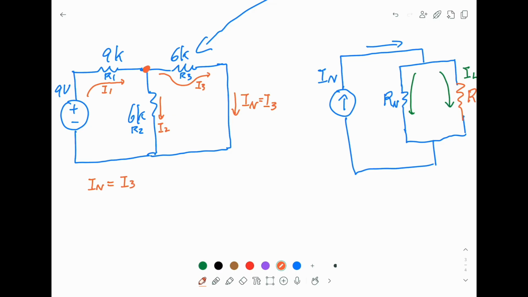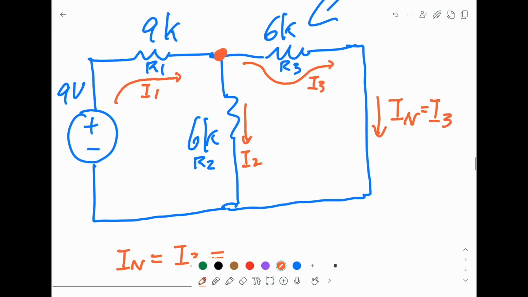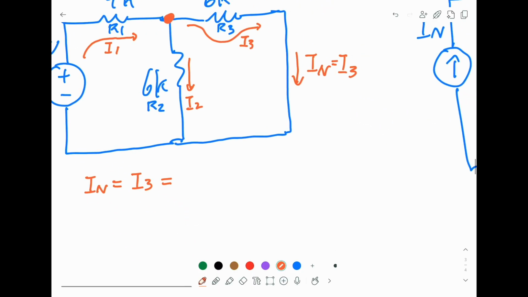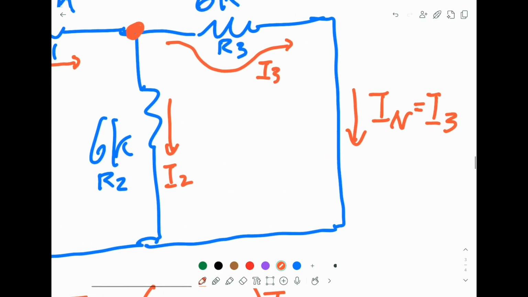They're the same. If you look at this circuit here, it is a current divider. So this is proportional to the overall current, I1. So this is I1, and the proportional constant is 6K and 6K.